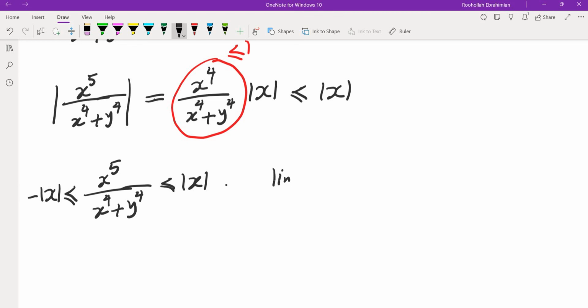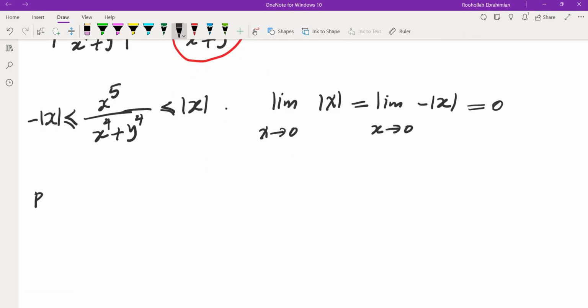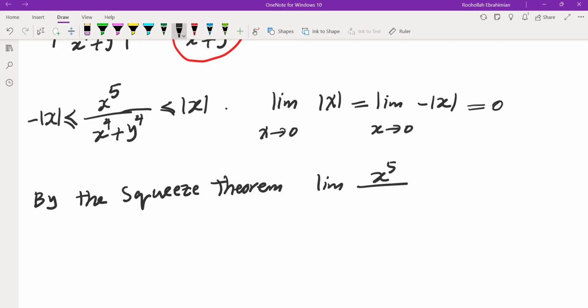So now the limit of absolute value of x as x approaches 0 and the limit of negative absolute value of x as x approaches 0 are both 0. So by the squeeze theorem, the limit of the middle is also 0. Limit of x to the fifth over x to the fourth plus y to the fourth as (x, y) approaches the origin is also 0.